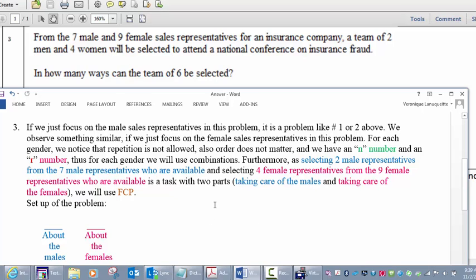You need to take care of the males and take care of the females so they can go to the conference. So to take care of that task with 2 parts, we're going to use FCP on top of the combinations that we use already for each gender.